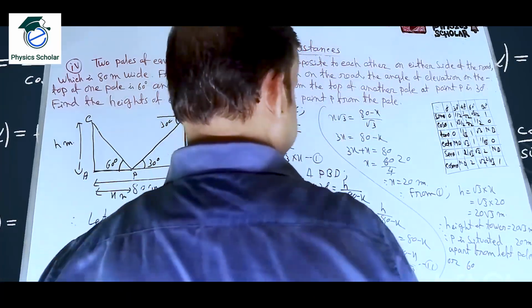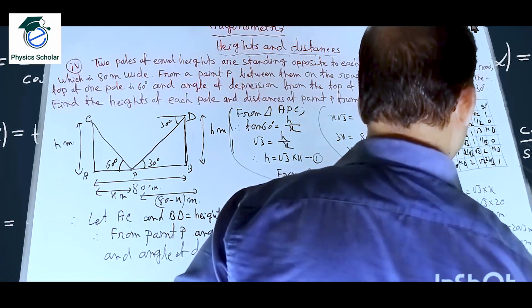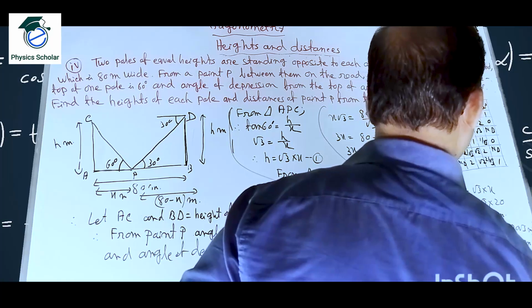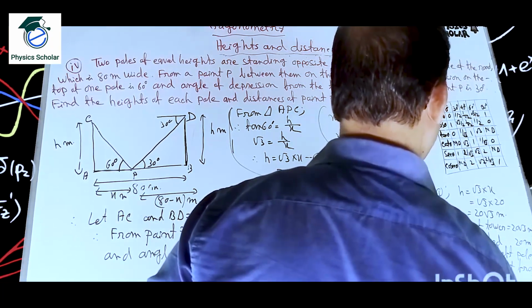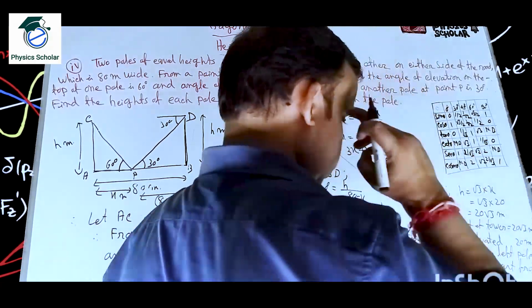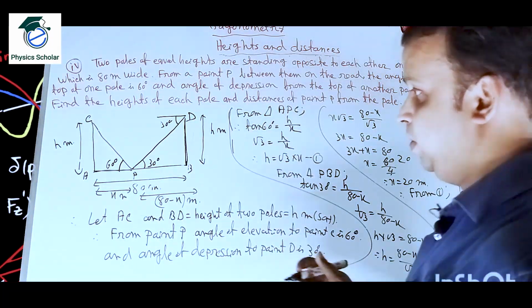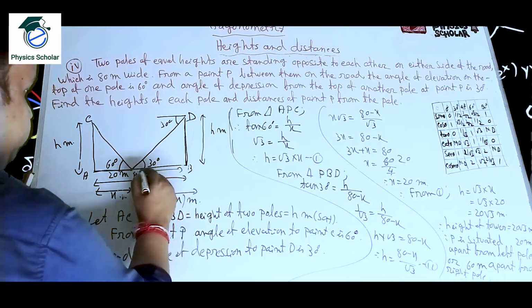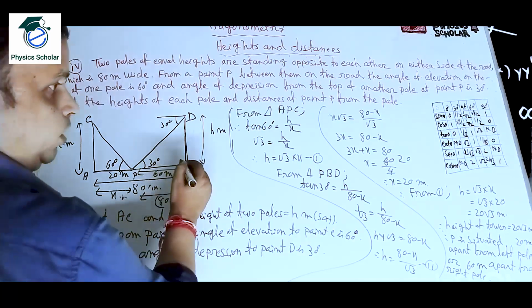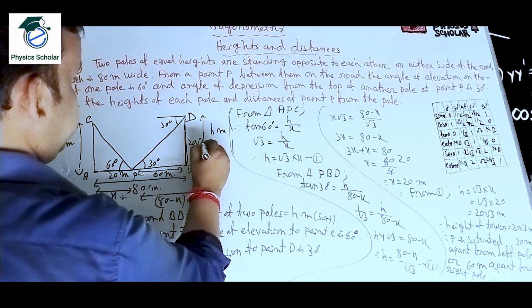So this will be 60 meters apart from the right pole. Clear? So this is the point P. That means this will be 20 meters, this will be 60 meters, and this will be 20 root 3 meters.